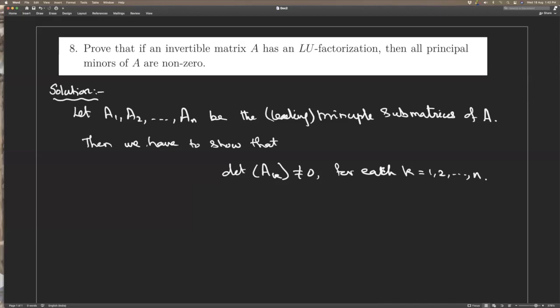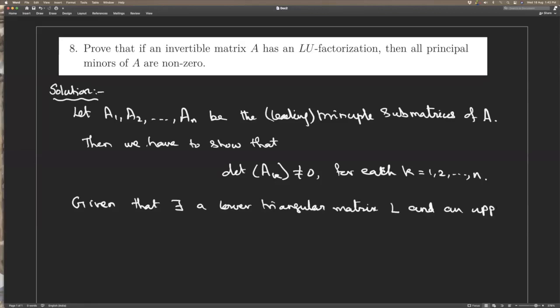Now, given that A has an LU factorization, it means what? There exists a lower triangular matrix L and an upper triangular matrix U such that A can be written as L into U, right?